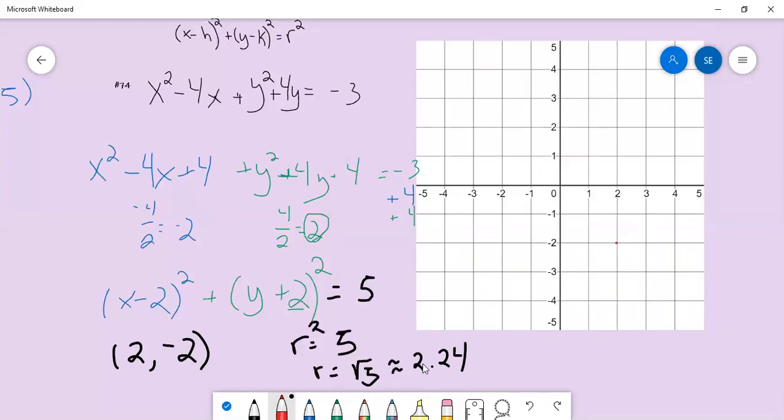And again, as we did in the other examples, we have 2.24. So we're going to go up 2.24, over 2.24, down 2 1/4 or so, over 1, 2 1/4, and then we can draw this circle, roughly. So that's completing the square.